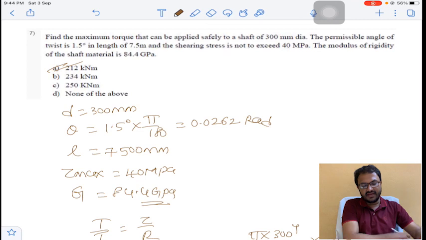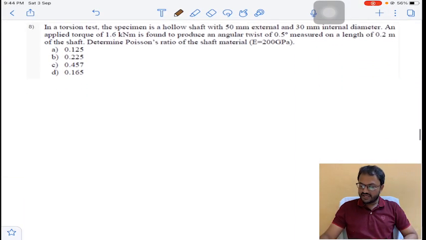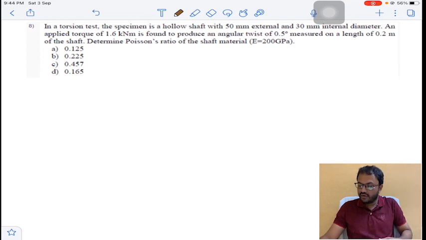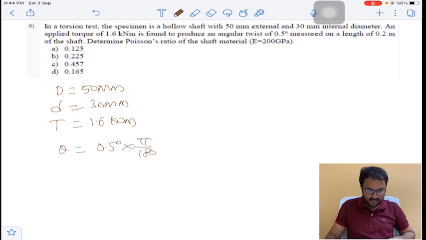Coming to question number 8. In a torsion test, a specimen of a hollow shaft has 50 mm external diameter, that is, capital D is 50 mm, and internal diameter small d is equal to 30 mm, and applied torque T is equal to 1.6 kilonewton meter, and theta is equal to 0.5 degrees, that is, into pi by 180, it will become 0.00873 radians.